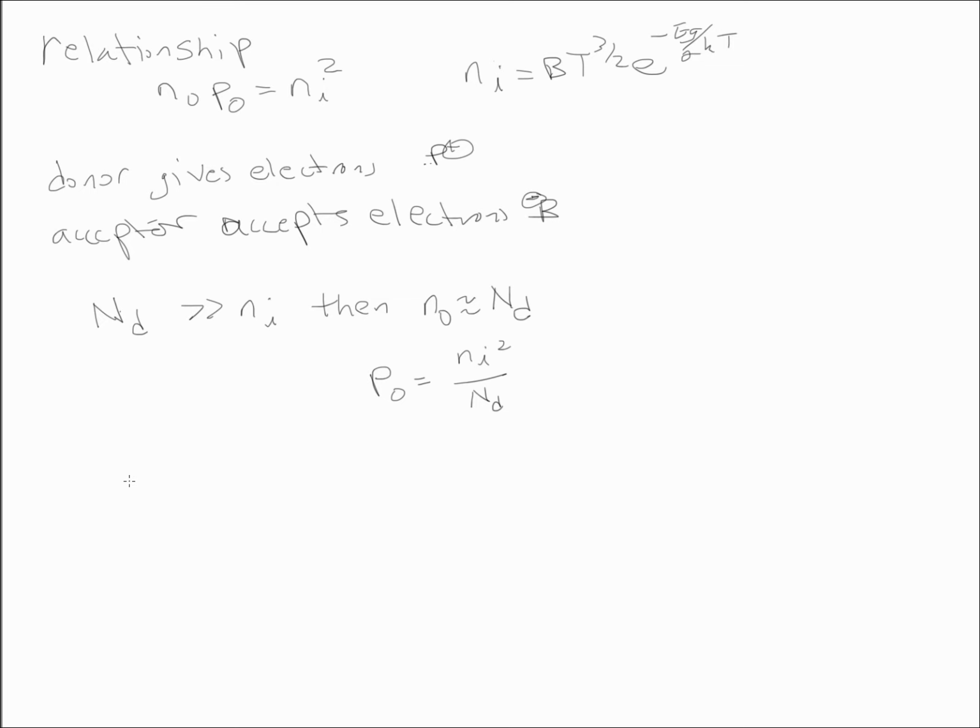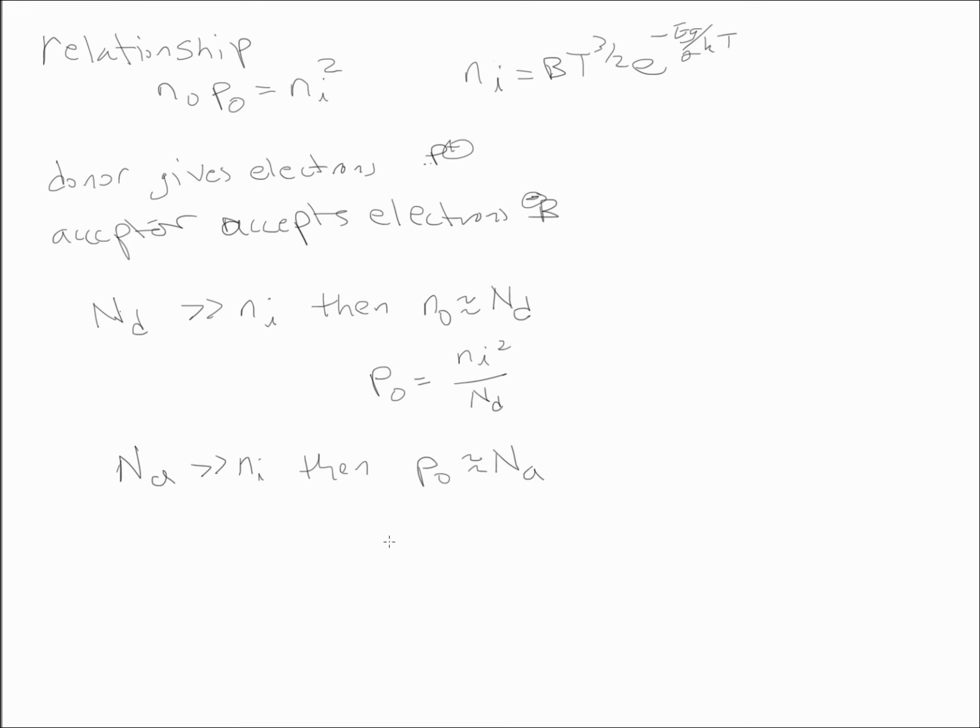And likewise, for your boron type semiconductor, if your number of acceptors is much greater than your intrinsic concentration, then your hole concentration is approximately equal to your number of acceptors.